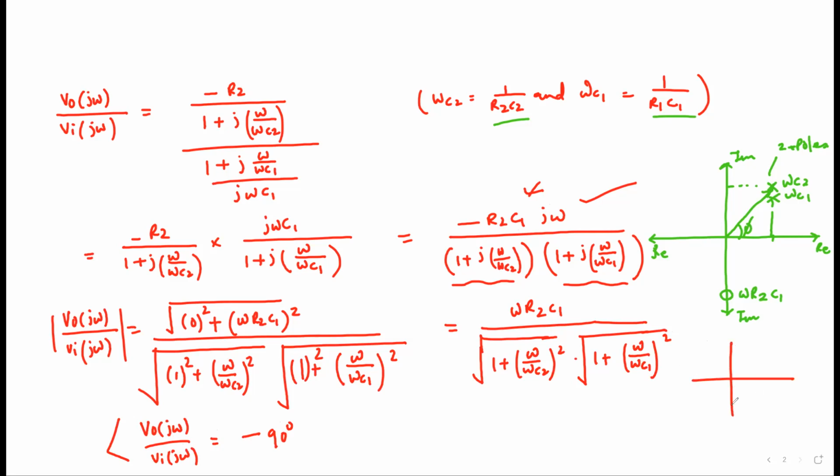So the phase right over here is minus 90 degrees, minus tan inverse of omega by omega C2, that is the value we have here, plus tan inverse of omega over omega C1.